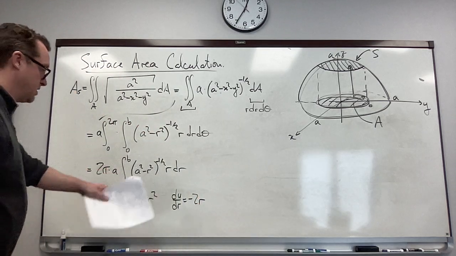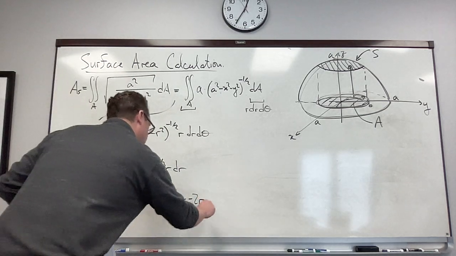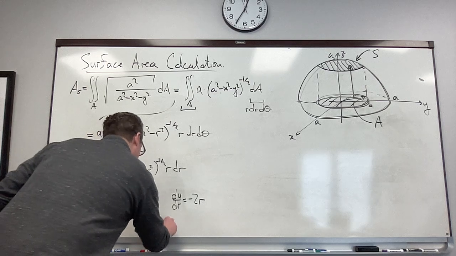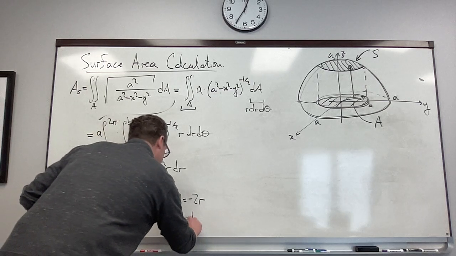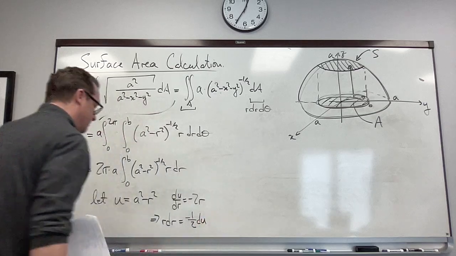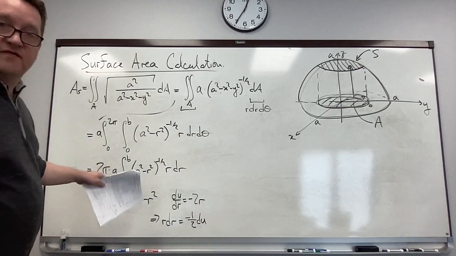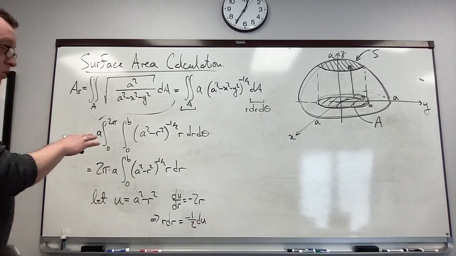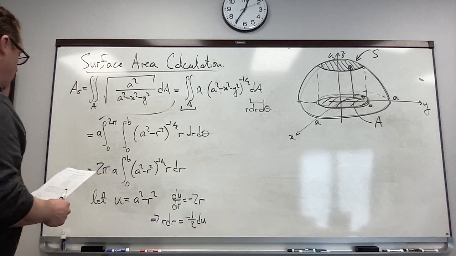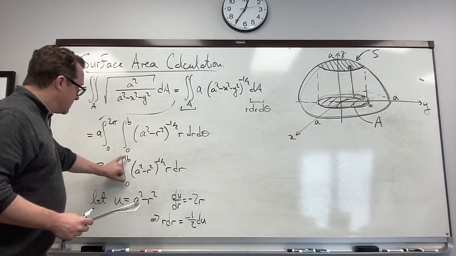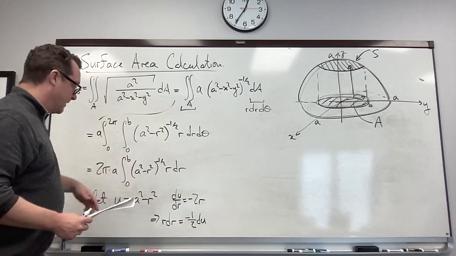Okay, I have an r dr, so that means r dr equals minus 1/2 du. We do this a lot, and we do this really fast sometimes, but it's not worth it to try to do this too fast. Just go slow and steady as you work through this. I'm not going to change limits of integration. I'm going to put r back in later.